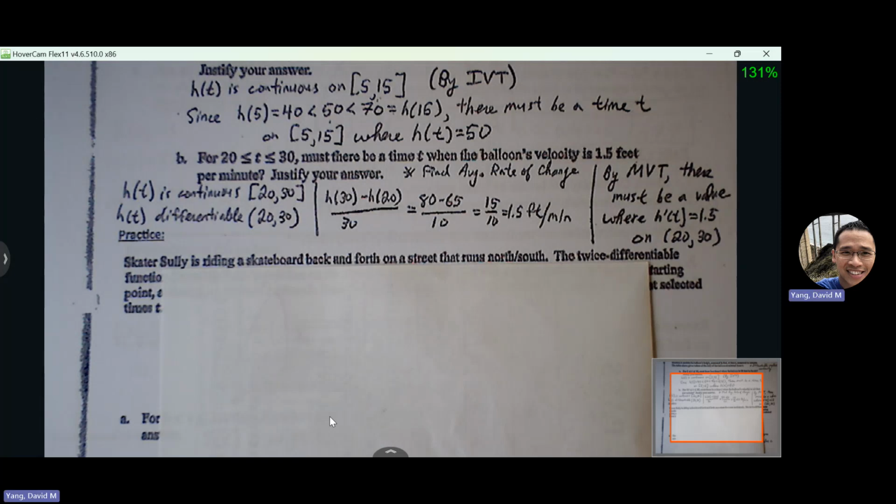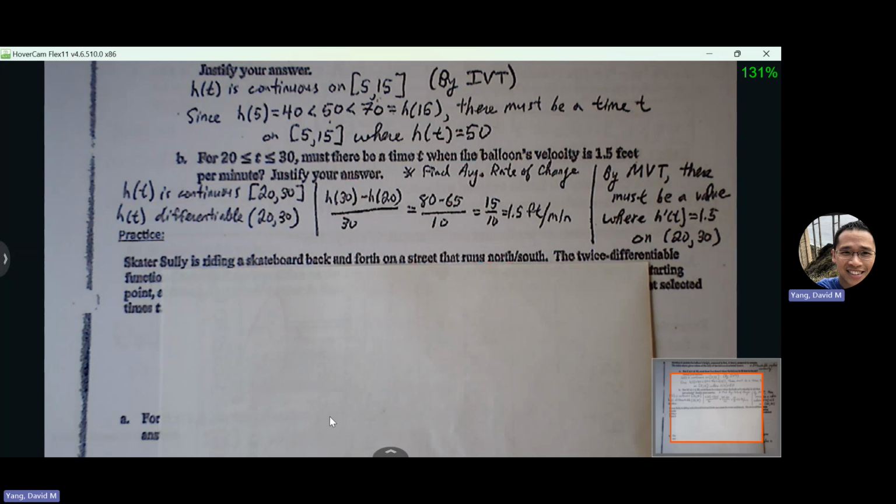Because we're dealing with something that involves the slope, we have to show that the graph is continuous and differentiable. So we just make a statement that this graph is going to be a smooth curve. The two conditions needed are continuous with brackets and differentiable with parentheses. Then we take the slope between the two endpoints, change in position over change in time.